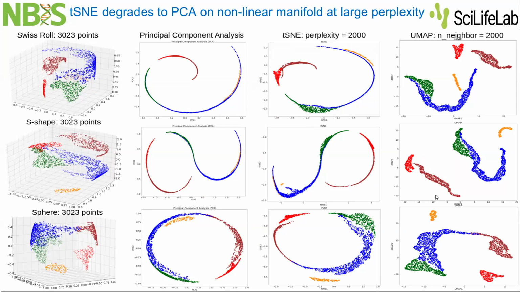And UMAP is a little bit more stable. So basically, you cannot knock UMAP down easily with this perplexity parameter, which is called number of nearest neighbors for UMAP. Even if you increase it quite substantially, you will still get meaningful pictures from UMAP. It's a little bit more stable with respect to perplexity.